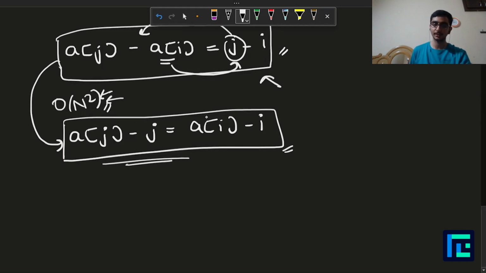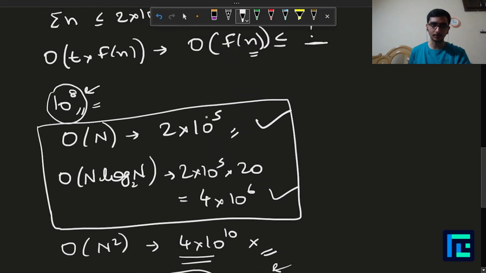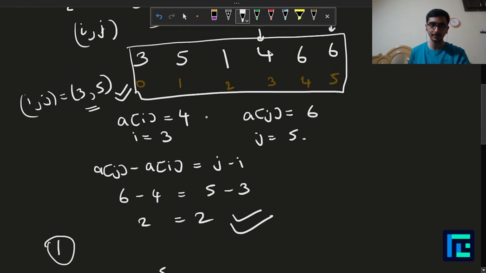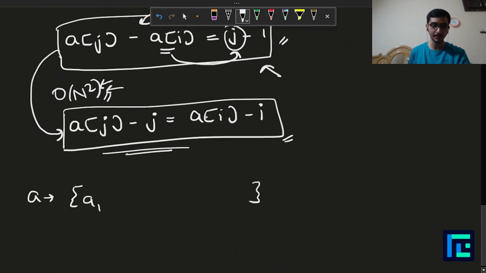Now you may ask, how does this equation help us in optimizing our O of n square solution? Let's see. Now what I do to my original array A, so as I've used zero-based indexing above while explaining my sample case, it will be better that I use zero-based indexing here as well. So A0, A1, A2, so on till A of n minus 1.